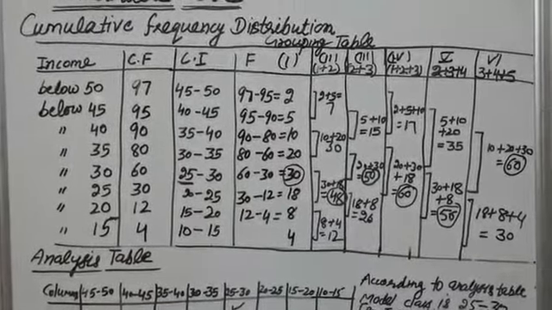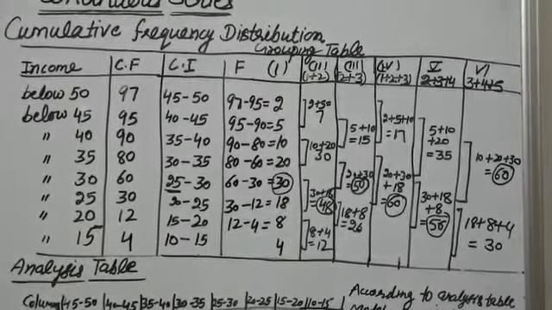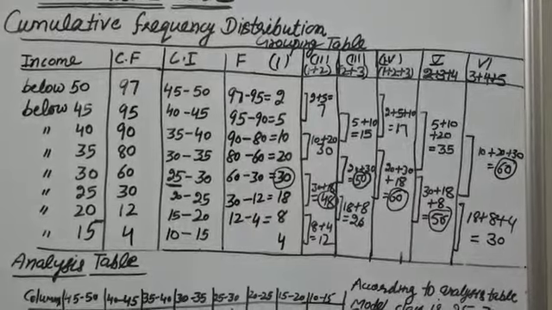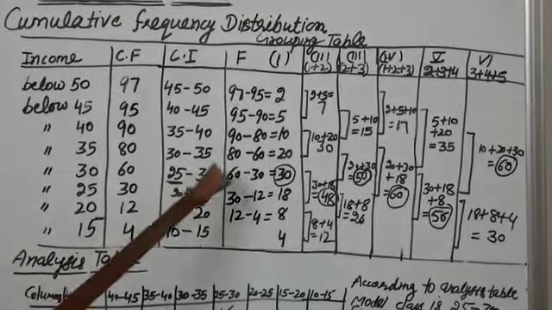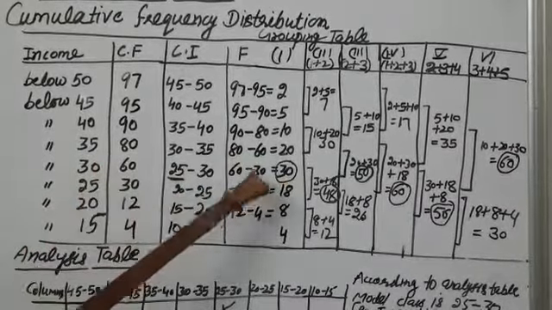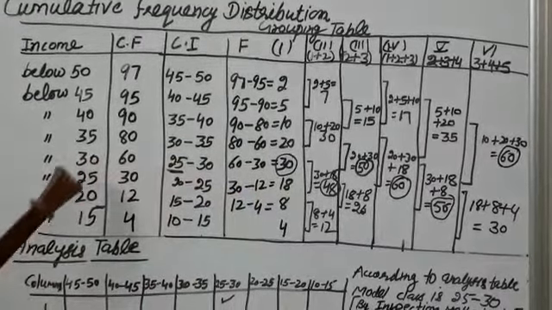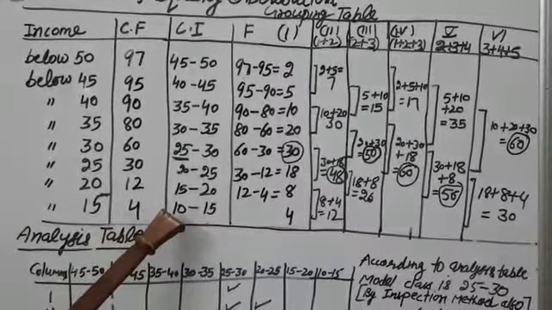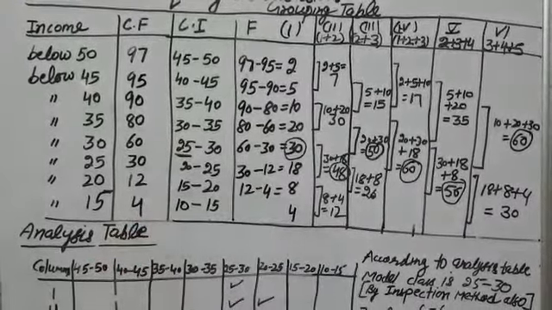The frequencies shall be 97 minus 95 is 2, 95 minus 90 is 5, 90 minus 80 is 10, 80 minus 60 is 20, 60 minus 30 is 30, 30 minus 12 is 18, 12 minus 4 is 8, and workers with income between 10 to 15 are 4.